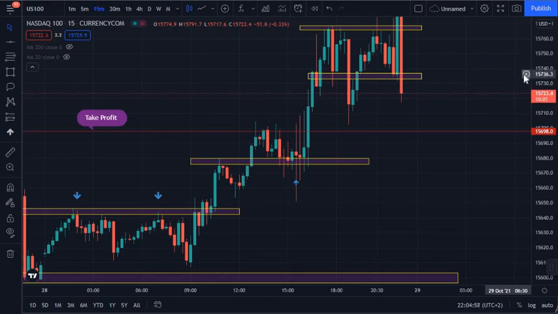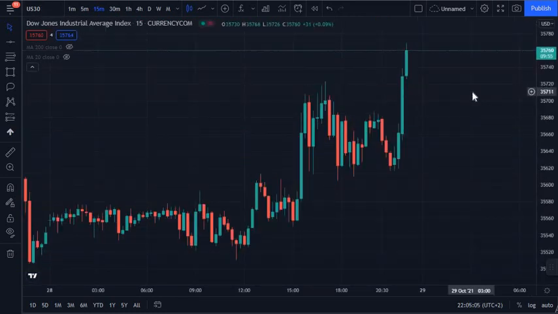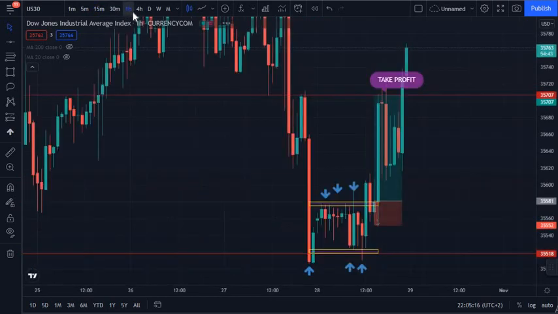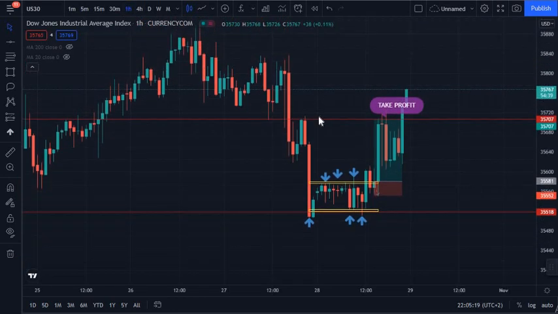Let us go to US30, the trade that I took today, and let me show you how I went about and how I executed this trade today. So let us go to a 1 hour time frame and let us build up a story.